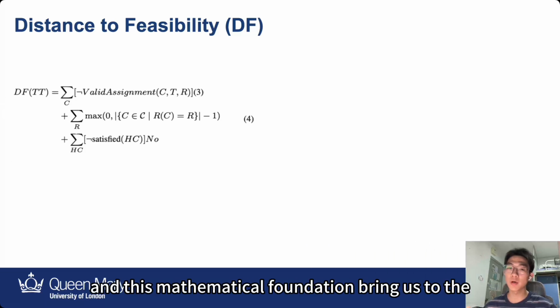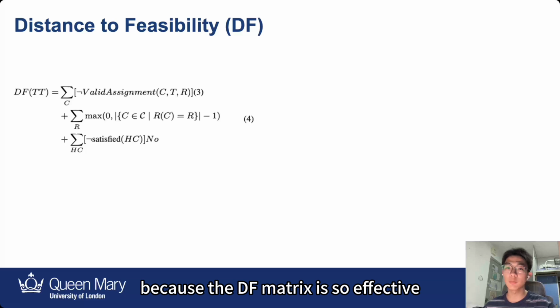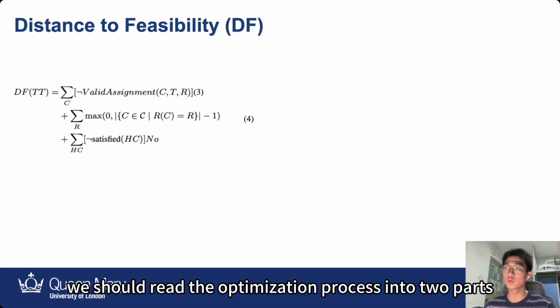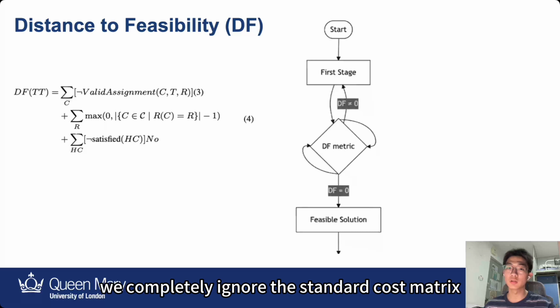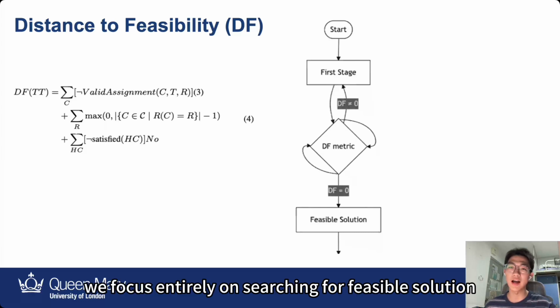This mathematical foundation brings us to the major breakthrough of our work, the two-stage approach. Because the DF metric is so effective at fixing major conflicts, we split the optimization process into two parts. In stage one, we completely ignore the standard cost metric. The algorithm's only mission is to minimize the DF to zero, meaning we focus entirely on searching for feasible solutions.